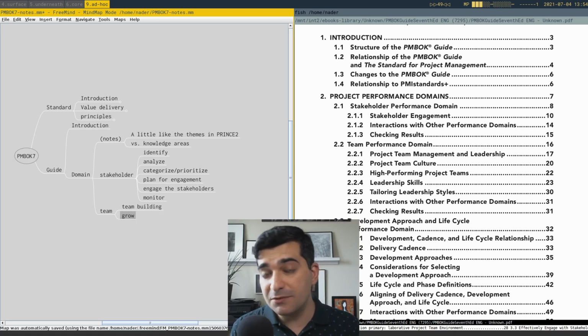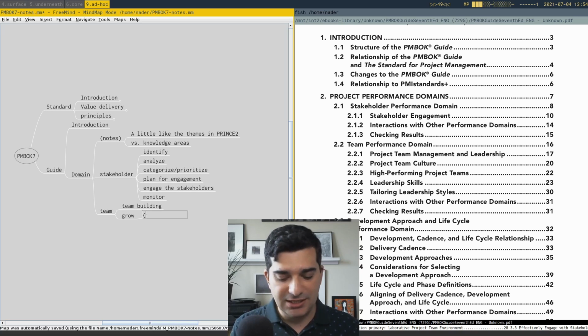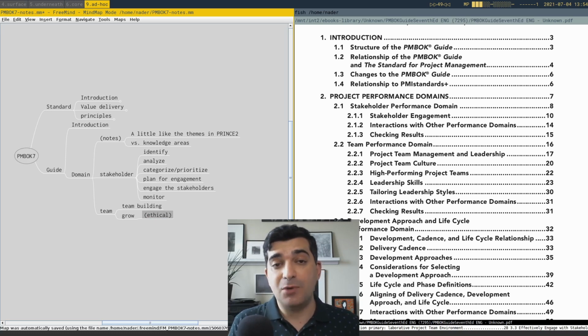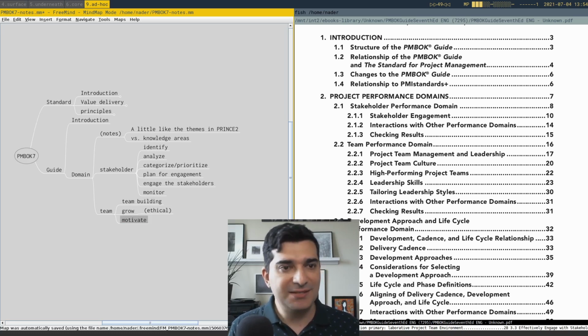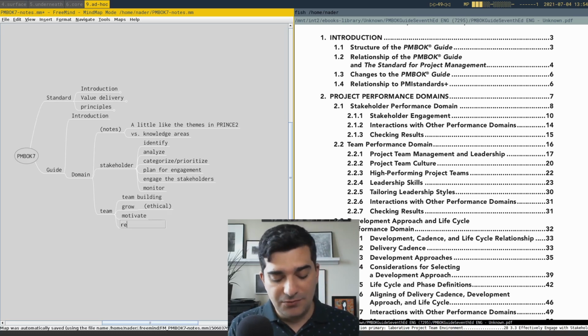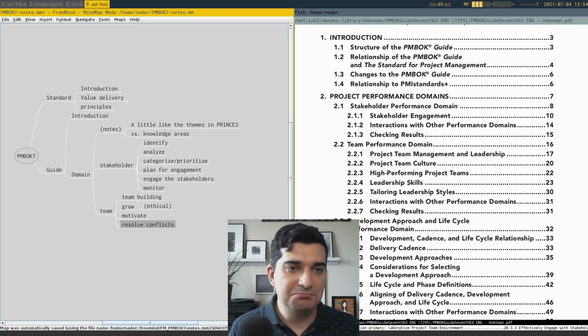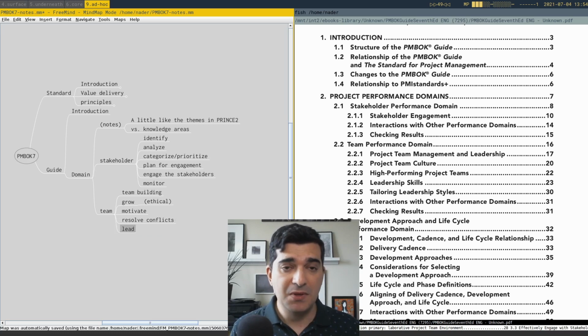That's one of your responsibilities, and it's actually an ethical responsibility as well. You're not only responsible for paying them their salaries, you also need to give them opportunities to grow as experts in their fields. Then you need to motivate them, resolve their conflicts and lead them, a lot of things like that.